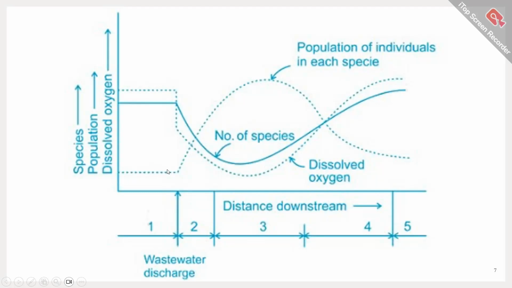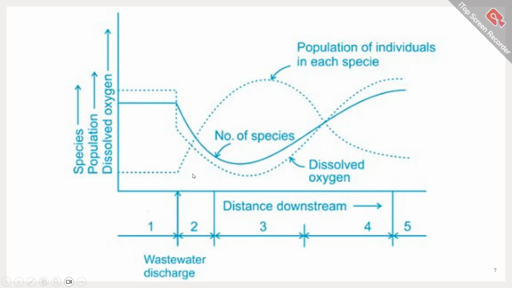And again, after the treatment of the water is done and dissolved oxygen normalizes, the population of this specific type of species will normalize. That will come to its initial position.